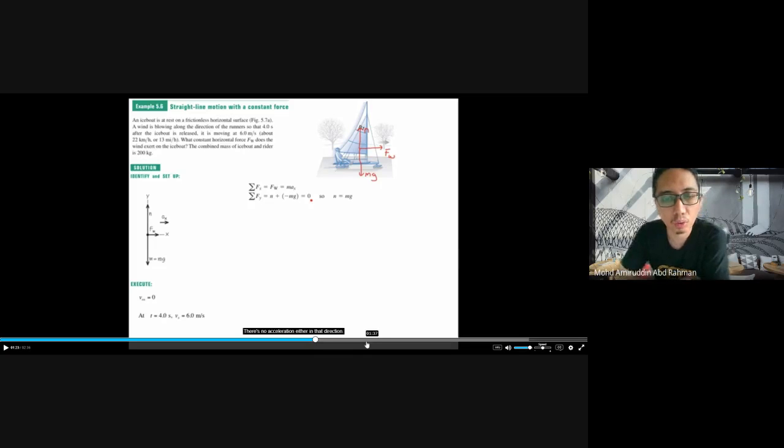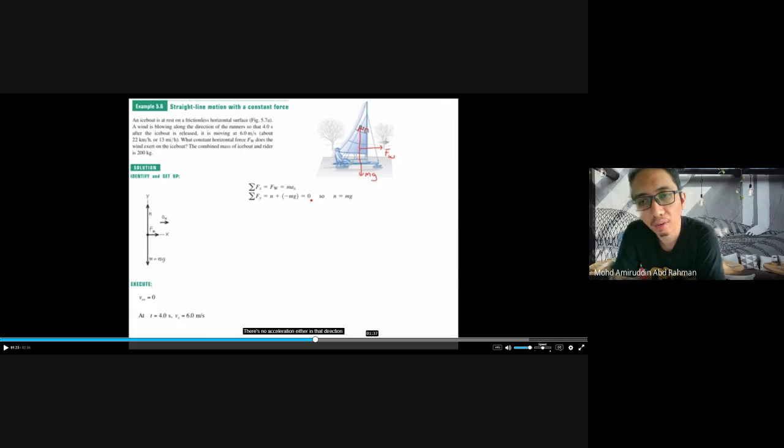So the total force on the y-axis will be 0 because we have plus n minus mg, so we have n equals mg.